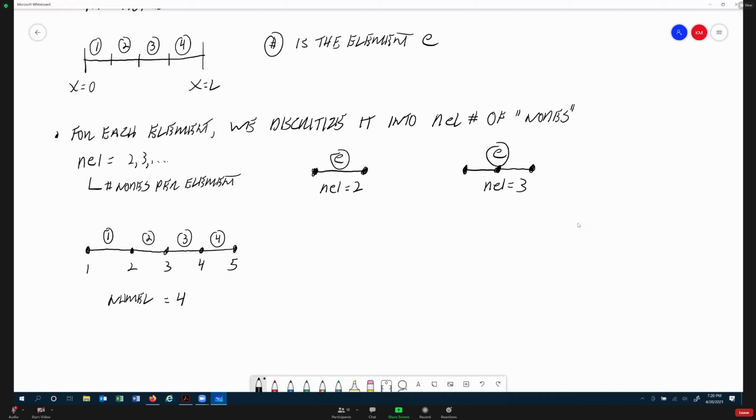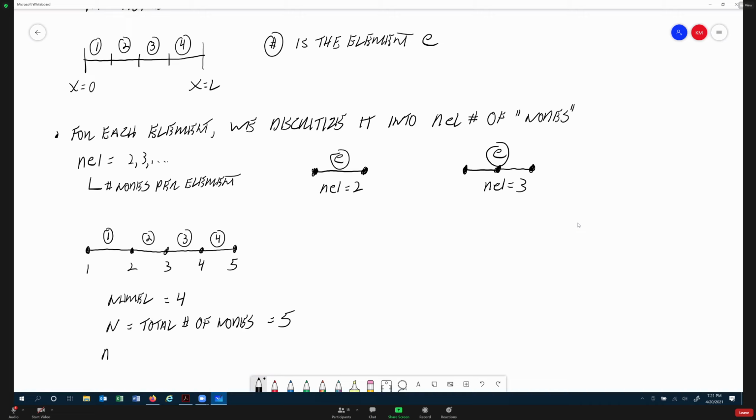And we're going to say n, the total number of nodes, is equal to 5.